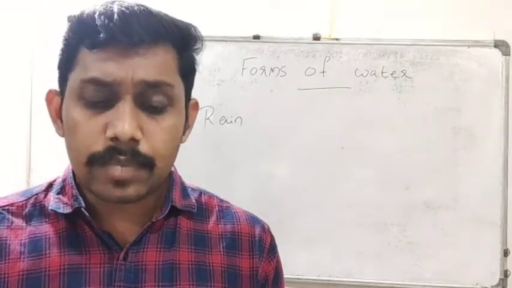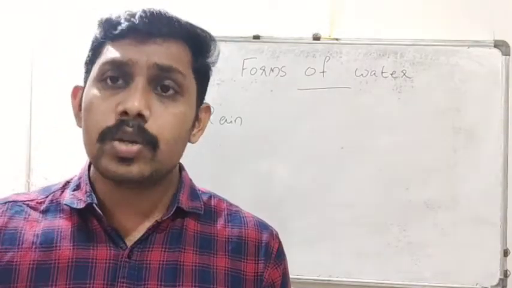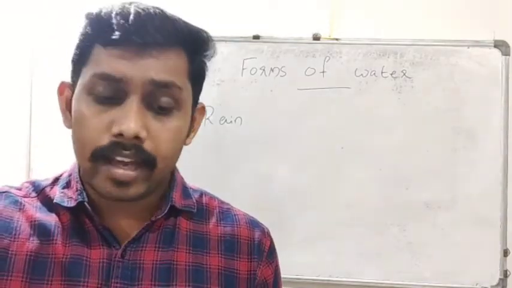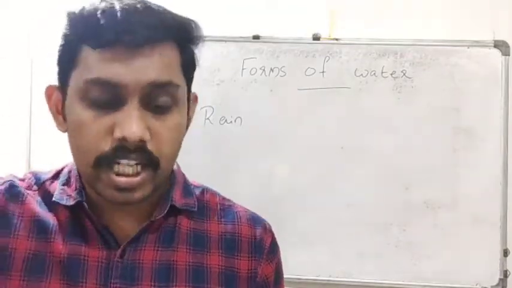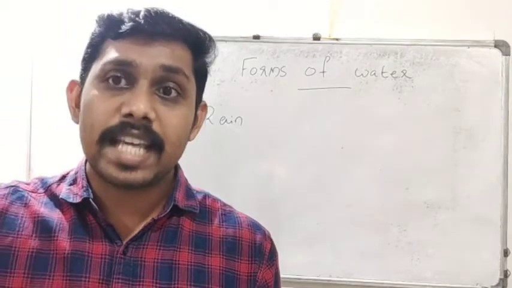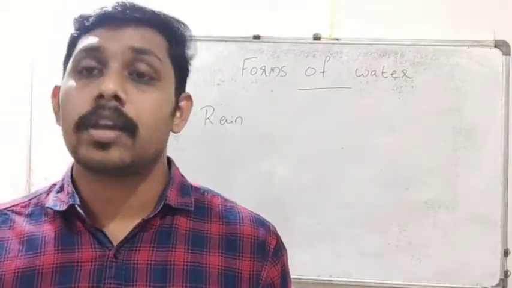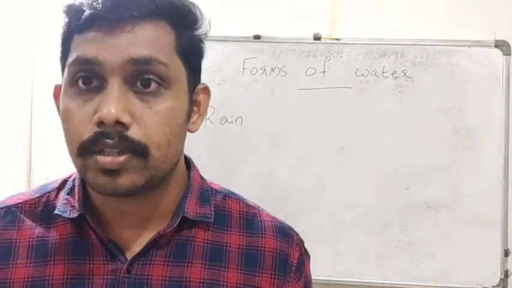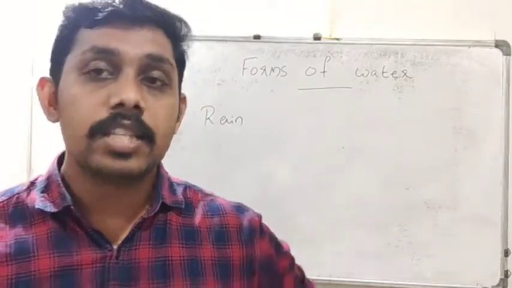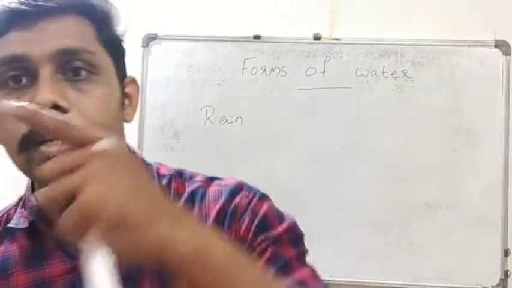This process of changing water into water vapor and back into water is a continuous process that takes place in nature. It is a cyclic process, and it is called the water cycle.